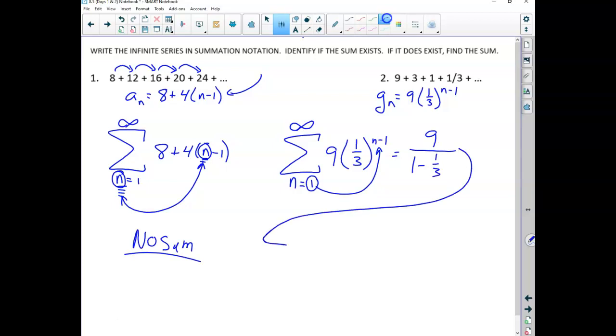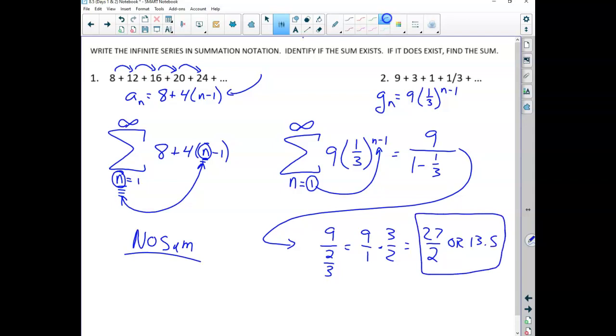Well, that's going to give me 9 over 2/3, which is 9 over 1 times 3 over 2, which is 27 halves. Or, for the decimal freaks, I can call it 13.5. So, does the sum exist? Yeah, what is it? Right there, just found it.